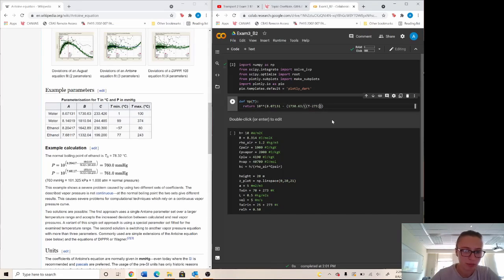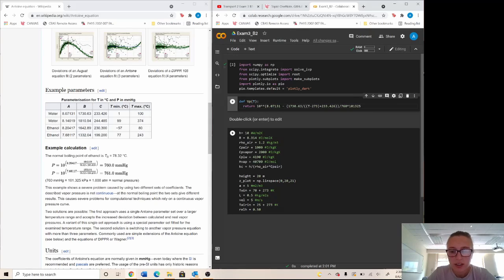Temperature minus 273 plus the 233.426, and then we need to divide this whole thing by 760 millimeters of mercury, because this Antoine equation is in terms of millimeters of mercury, and we want this in pascals, so we're going to divide it by 760 and multiply it by 101.325, which will convert it to pascals.